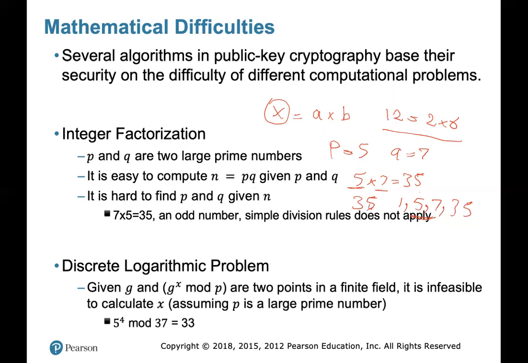So finding 5 and 7 for 35 takes the maximum amount of computation, because you don't have any of those rules. This is not an even number, so you cannot say 2 is a divisor of this number. 3 plus 5, for example, doesn't equal a multiple of 3, so this number is not divisible by 3, and so on.